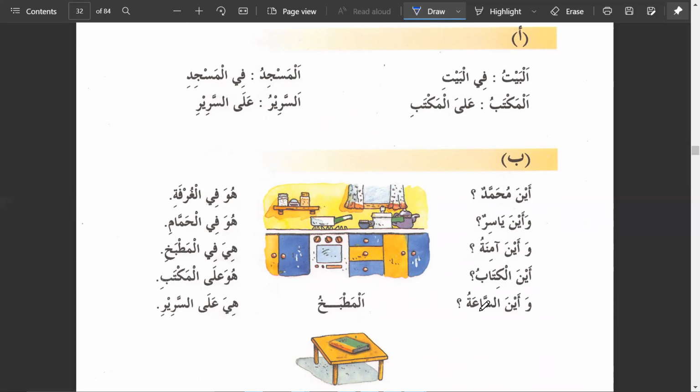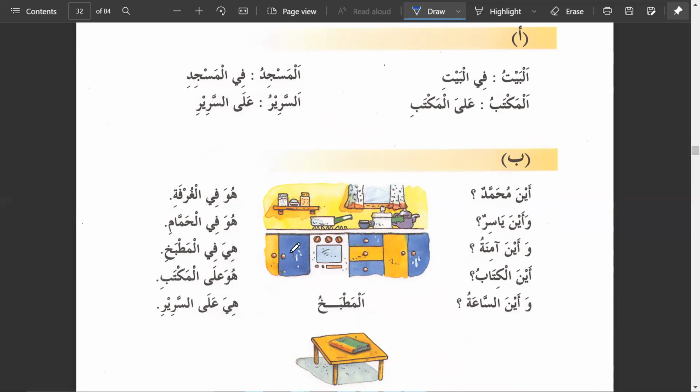We are going to learn more in detail about harf jar and the combination of harf jar with ism and these pronouns. Today we only learned 2 pronouns, and there are so many pronouns. Inshallah, we are going to learn these pronouns in other lessons.